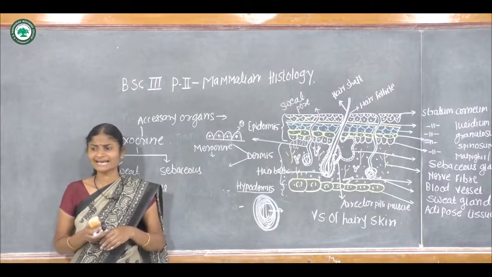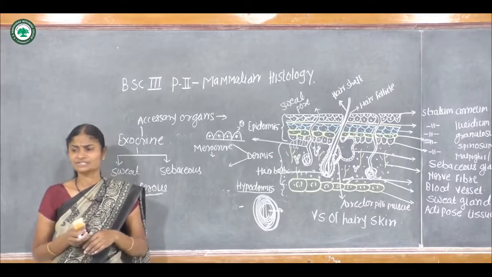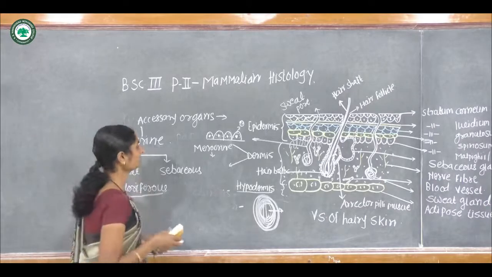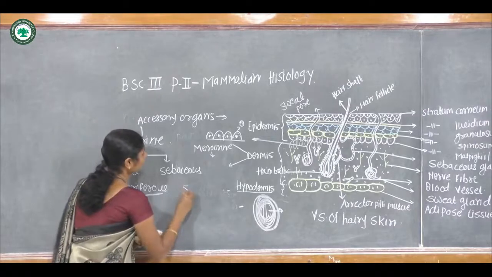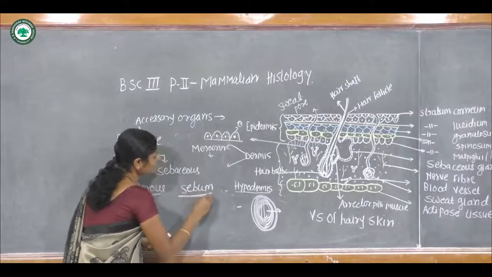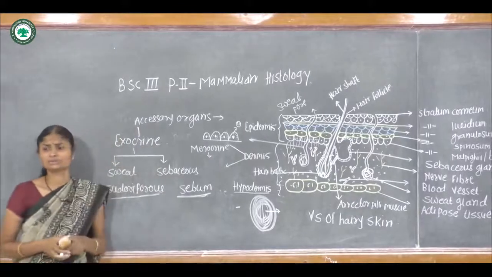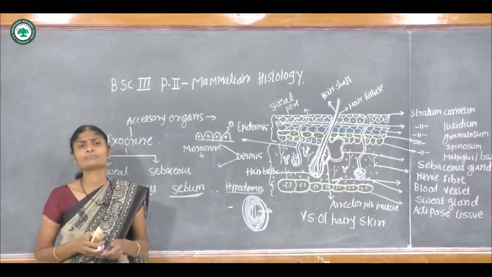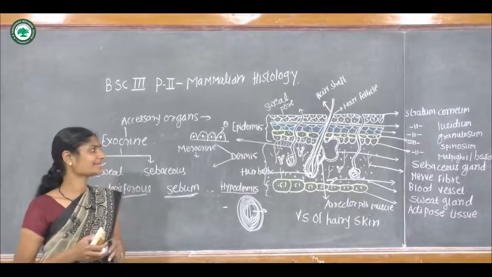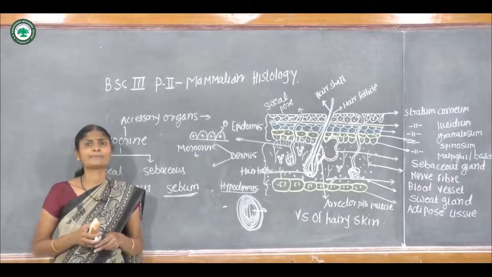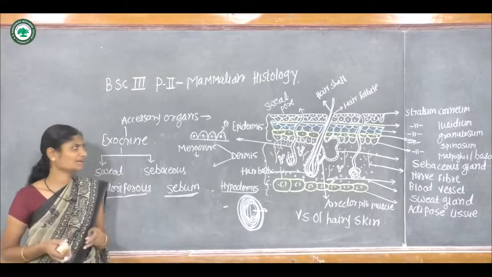These gland cells secrete an oily secretion called sebum. Sebum and sebaceous glands are absent in the palm and sole region.